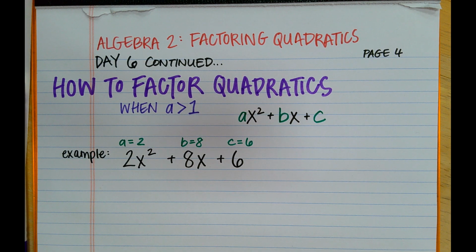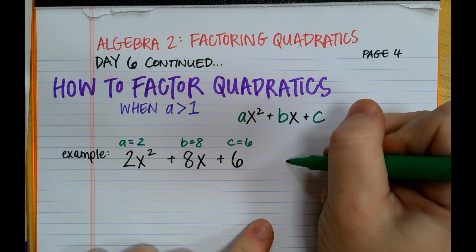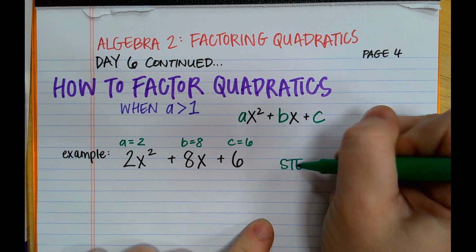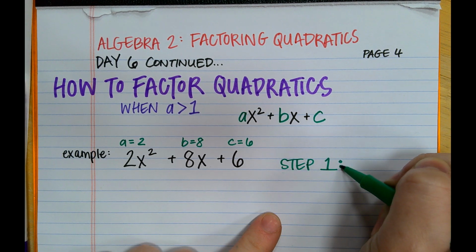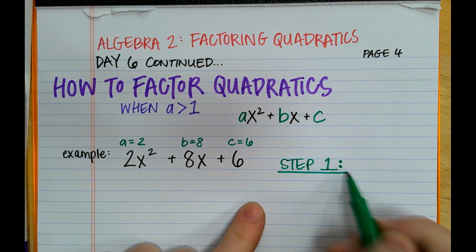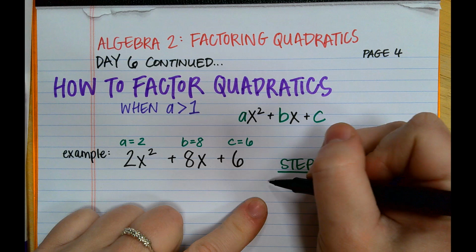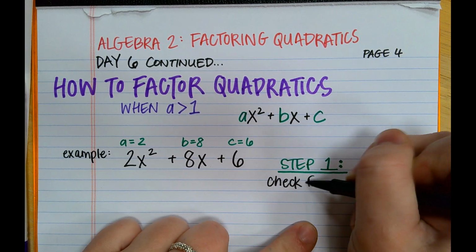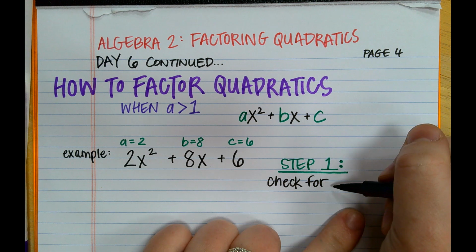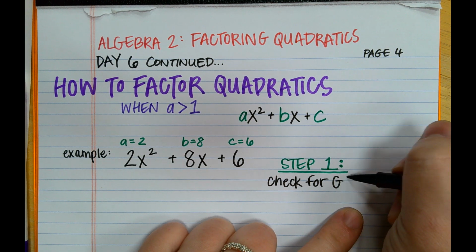So, step 1. Let's write this out to the side. We are going to start by checking for what we call GCF.